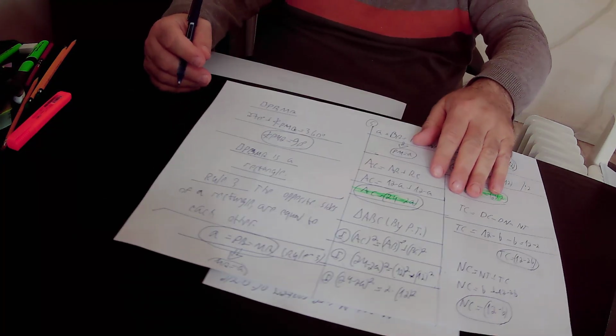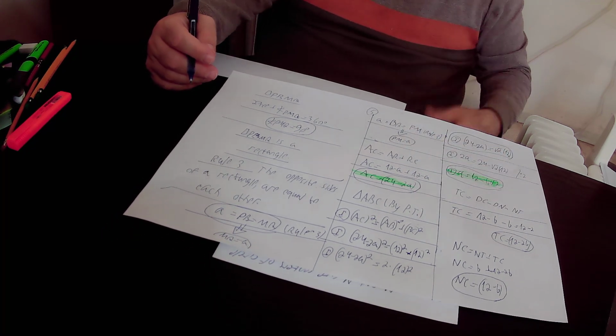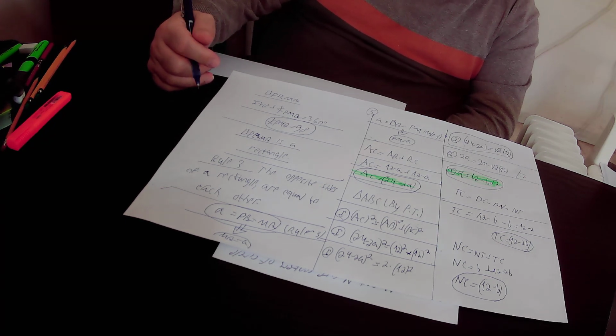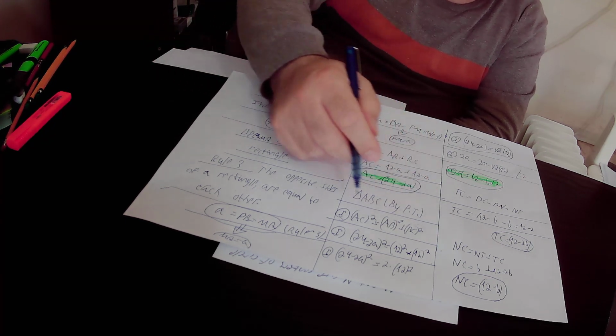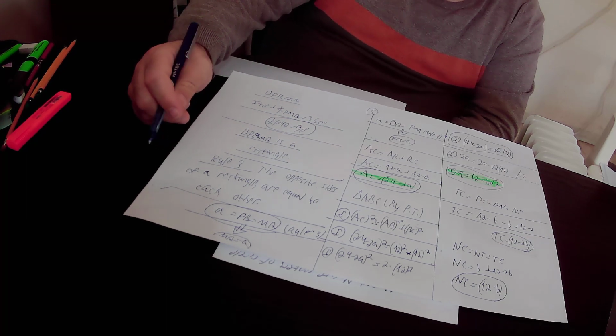BC is also 12, so 12 squared. So according to equation number 1, (24 minus 2A) squared equals 12 squared plus 12 squared, which is 2 times 12 squared.